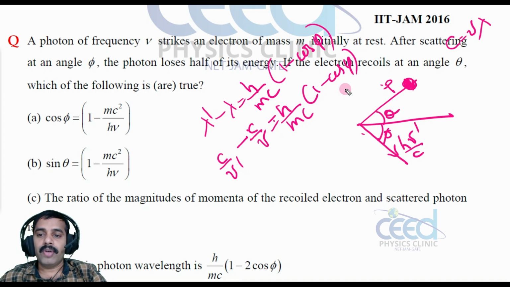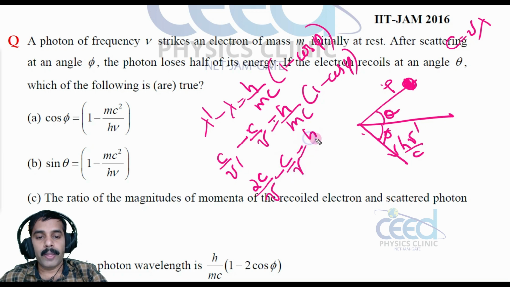Now we have been given a condition: the photon loses half of its energy. Energy half means frequency becomes half, so nu dash becomes nu by 2, and c by nu dash becomes 2c by nu. So 2c by nu minus c by nu, that is c by nu, is equal to h by mc into 1 minus cos phi.